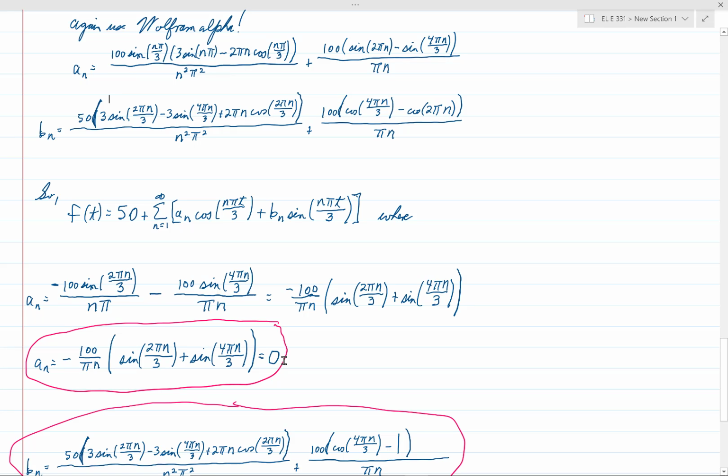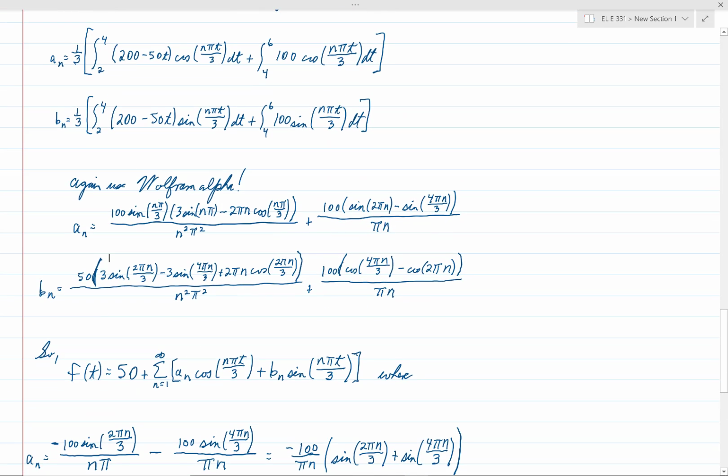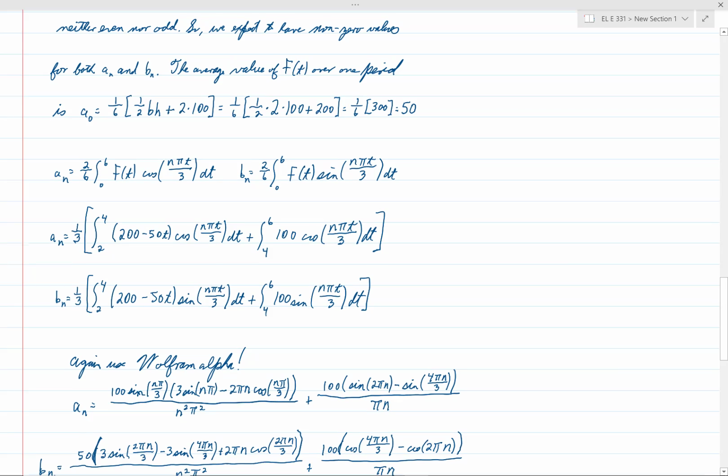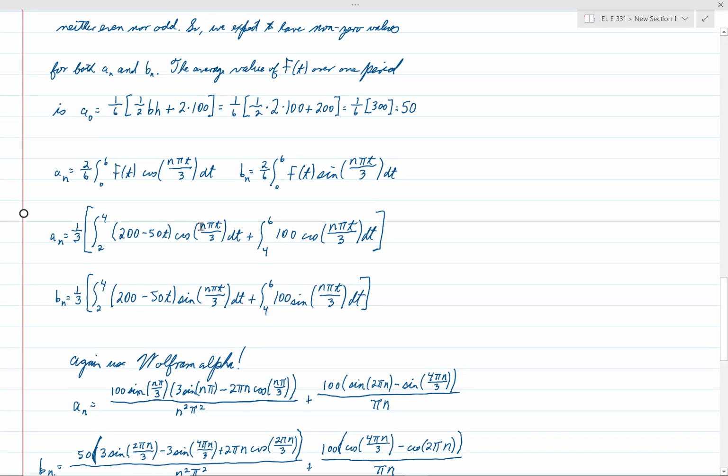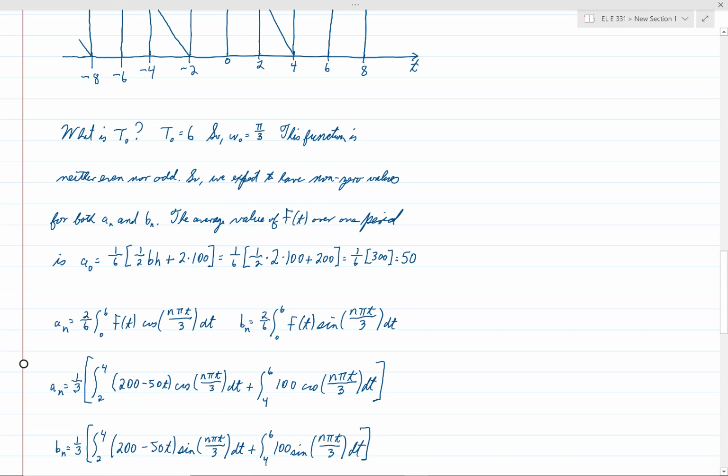Just try it for n equals 1 and 2 and 3 and so on, and you will see that every single time it's going to be equal to 0. So that's pretty remarkable there, because remember that the An's are the coefficients of the cosine terms.